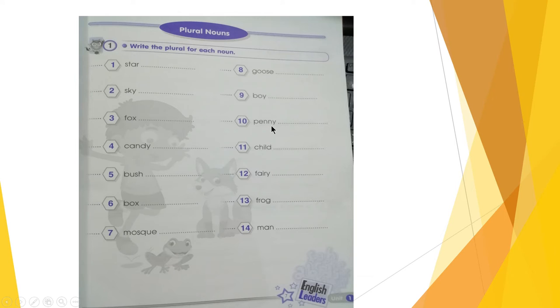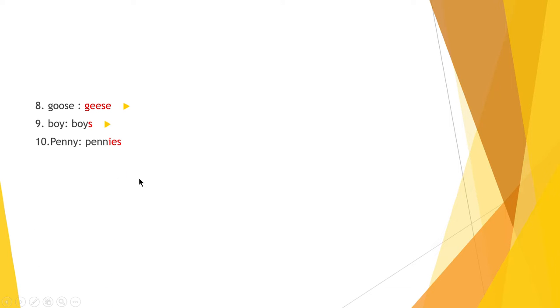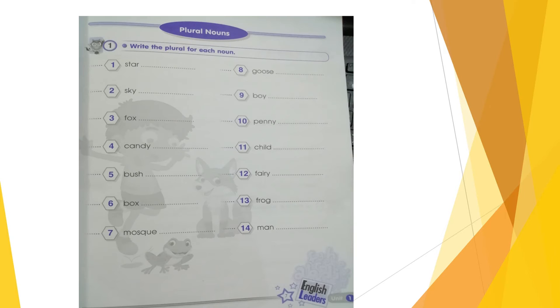So in this case we turn the y into i and then add es. Change the y to i and then add es. Why? Because we have y preceded by a consonant. عندنا y مسبوقة بحرف ساكن.